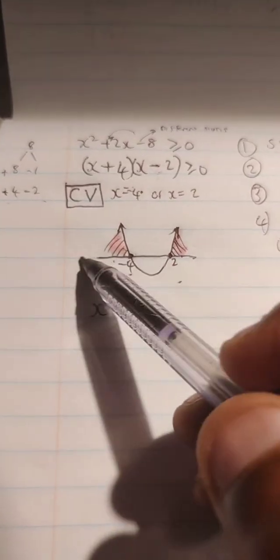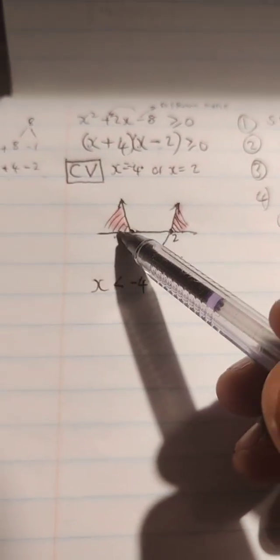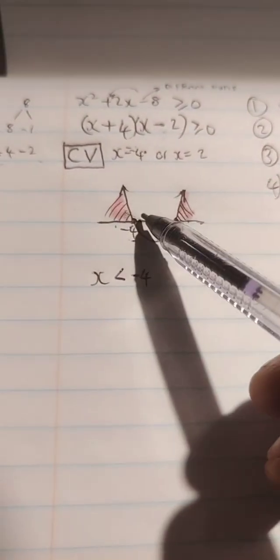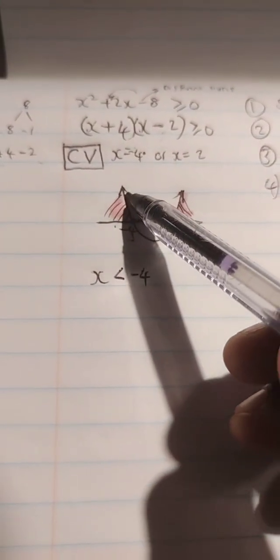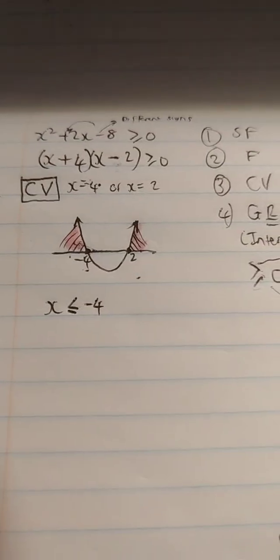All values on this side of the number line are values that are less than -4. That's where this function is above. Okay, you can see, it will continue to be above where x is less than -4. But where is it on the x-axis? It is on the axis where it is equal to -4.